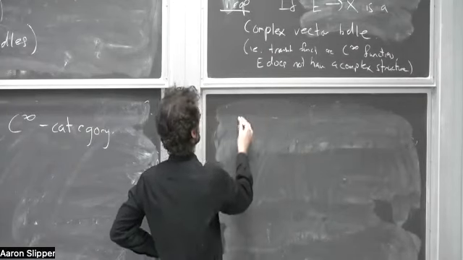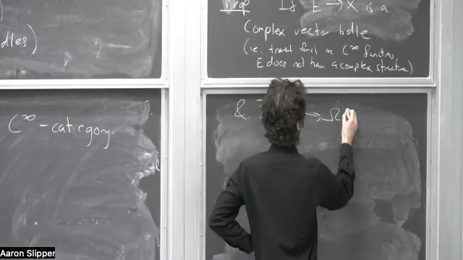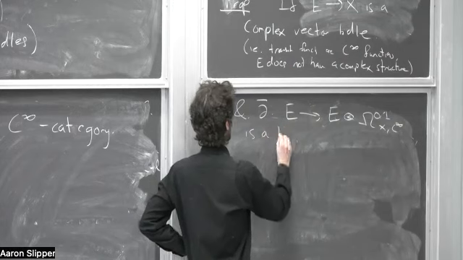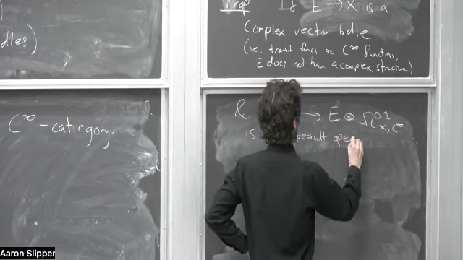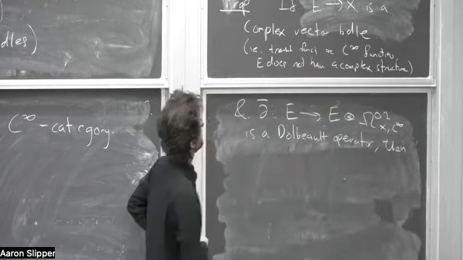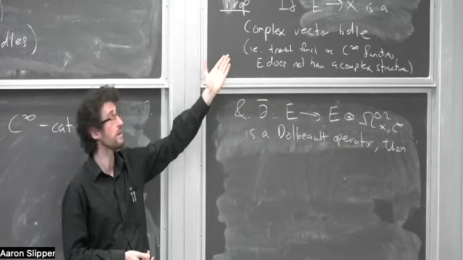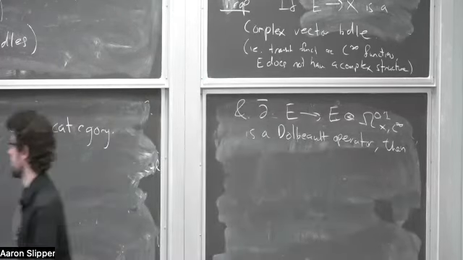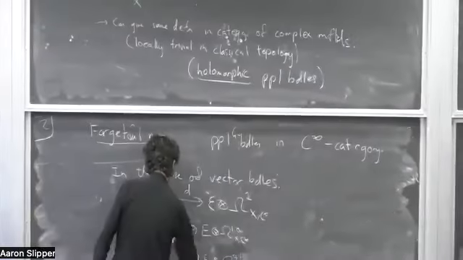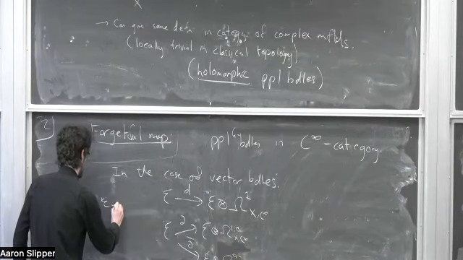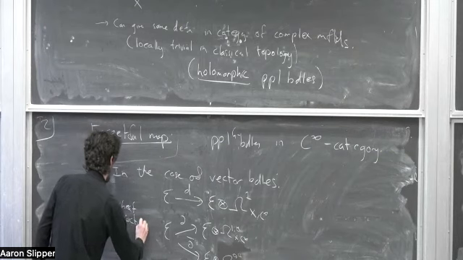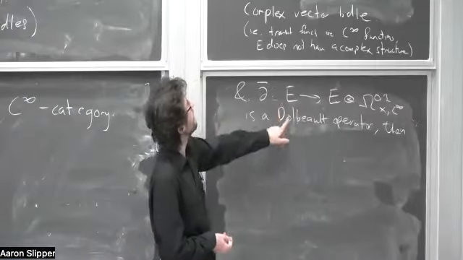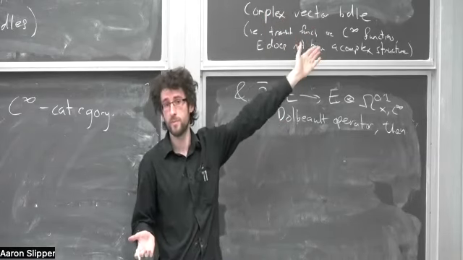But the proposition is that if we have a complex structure and del bar from E to E tensor Omega^{0,1} is a holomorphic operator, then there is a choice of complex structure on E with respect to which the map E to X is a map of complex manifolds.